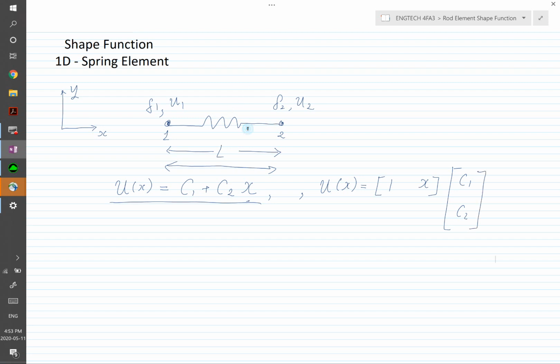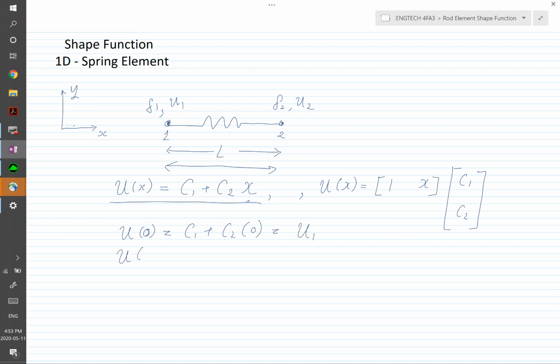Now, the next step, we have to solve for C1 and C2. When x is 0, we know the movement will be U1.